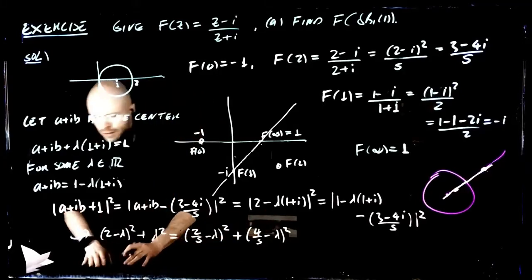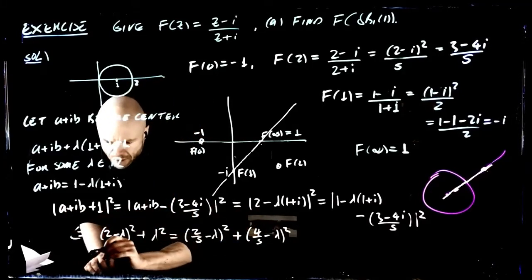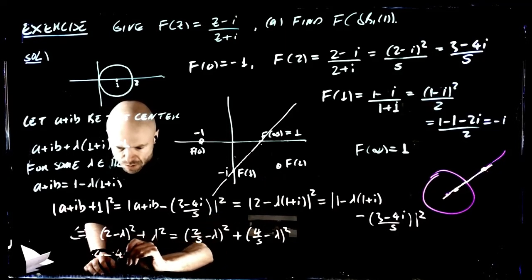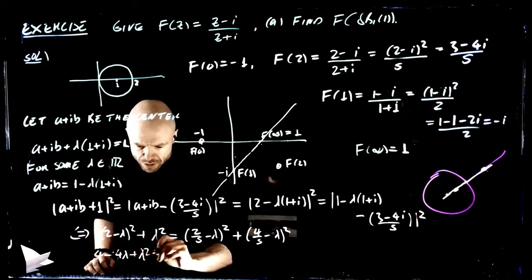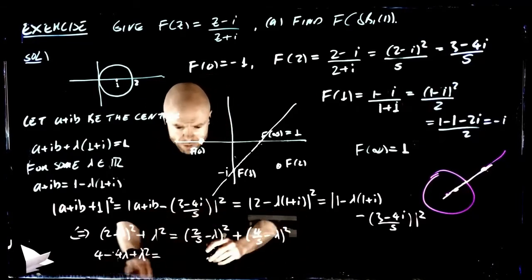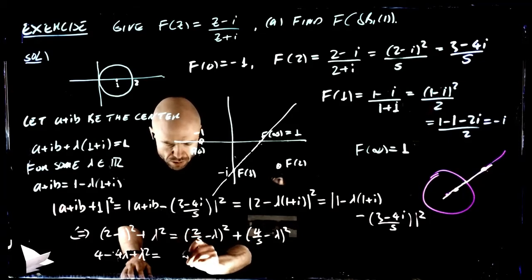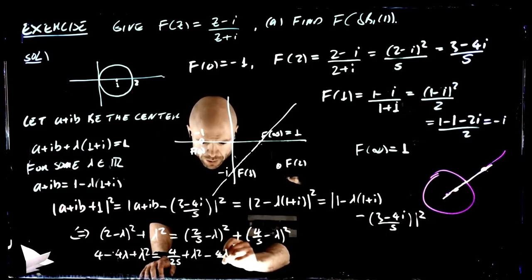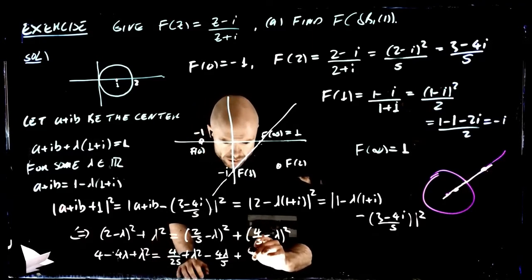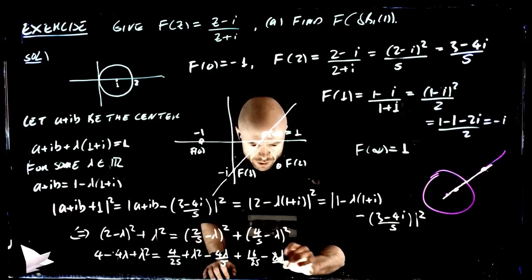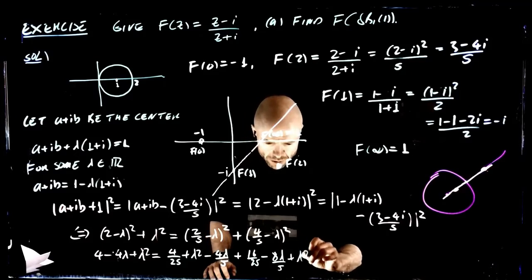And let us expand this out. And then what do we get? We're going to get 4 minus 4 lambda plus lambda squared. And expanding this thing out, we are going to get 4 over 25 plus lambda squared minus 4 lambda over 5 plus 16 over 25 minus 8 lambda over 5 plus lambda squared.